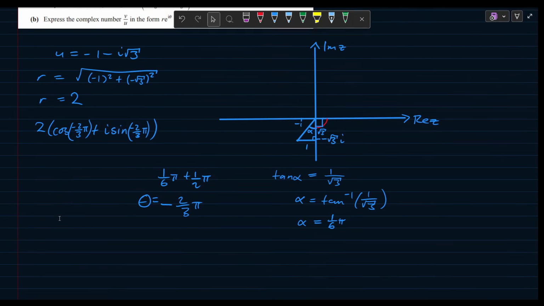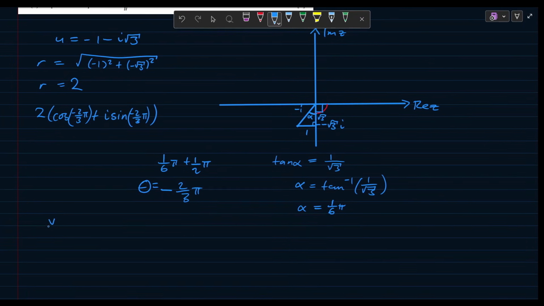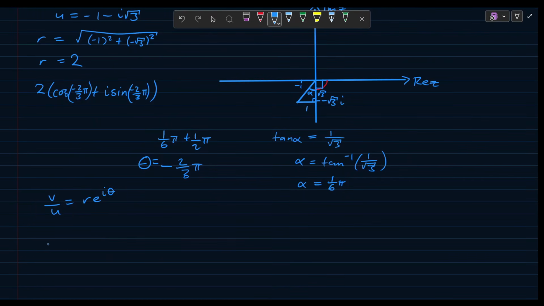So to be able to represent v over u in the form re^(i theta), we first have to find r, the modulus, as well as theta, the argument. So the modulus of v over u, using our laws from earlier, can be written as the modulus of v over the modulus of u.